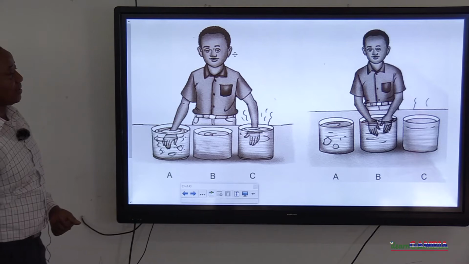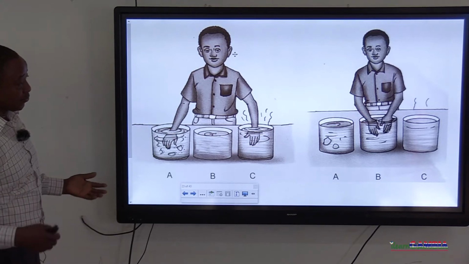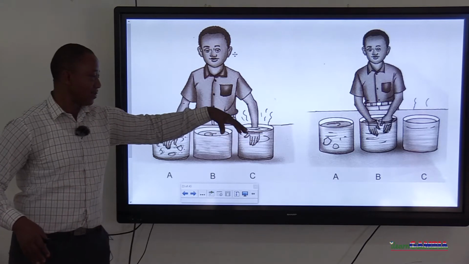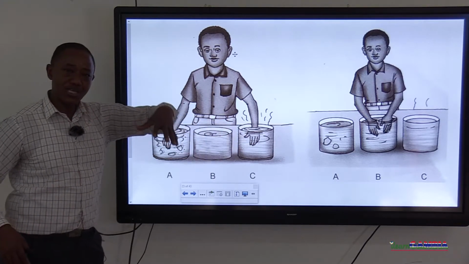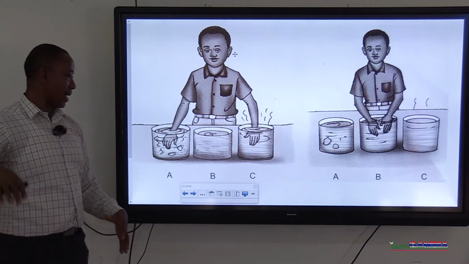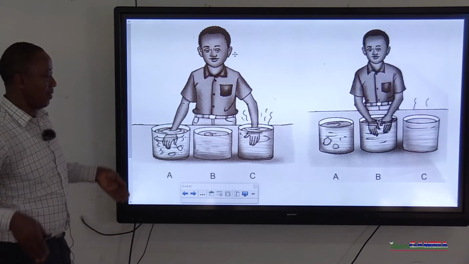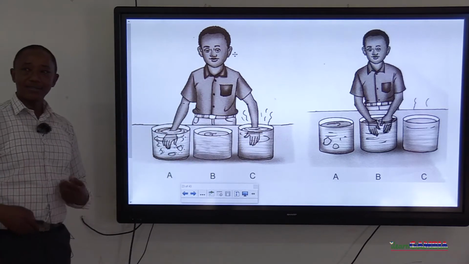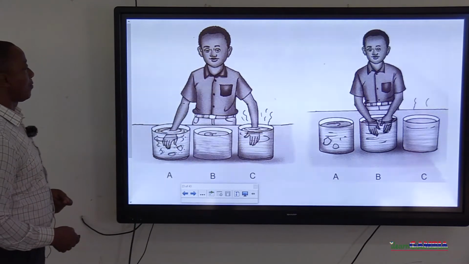And the question now is, how does it feel? And you're doing this simultaneously. So when you start, your left hand goes into the hot water, your right hand into the cold water, and then you bring both of them into the warm water. And the question is, how does it feel?